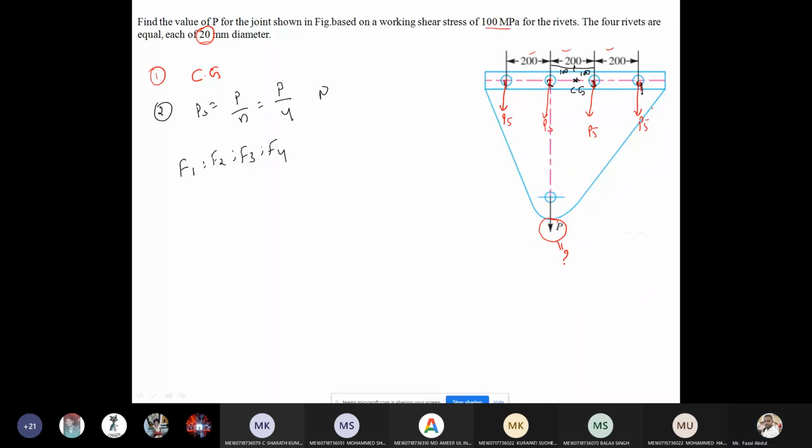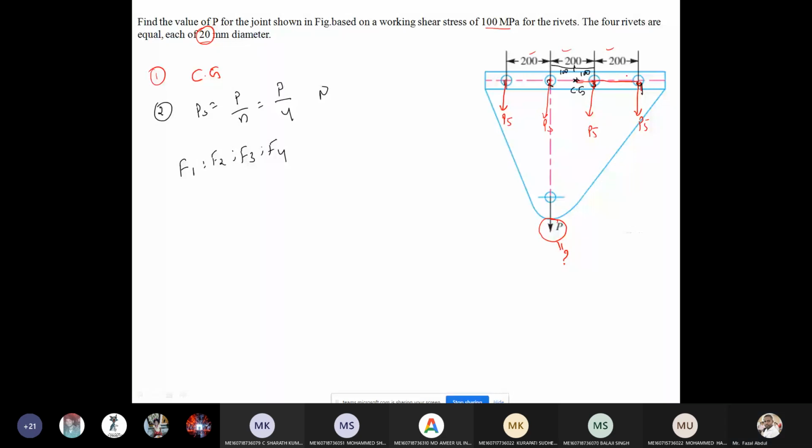The direction of the secondary shear force I'm showing now. See here, the secondary shear forces are always acting perpendicular to the line joining the rivets to the centroid. See here, the fourth rivet is connected to the center of gravity here.